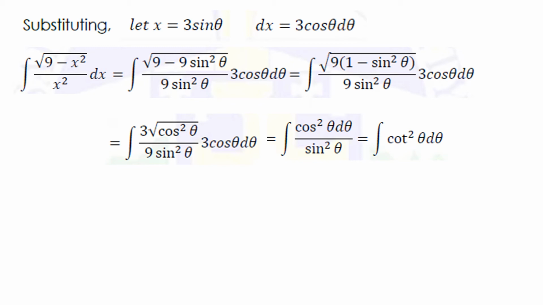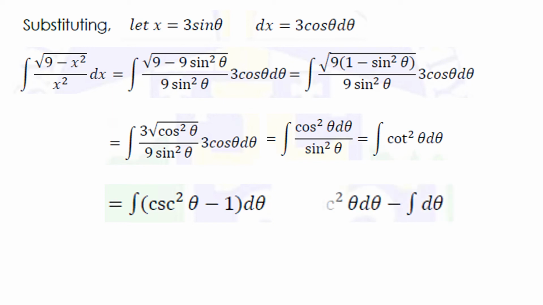We can integrate this by using an identity where cotangent squared theta is equal to cosecant squared theta minus 1. And if we expand, it gives us the integral of cosecant squared theta d theta minus the integral of d theta.